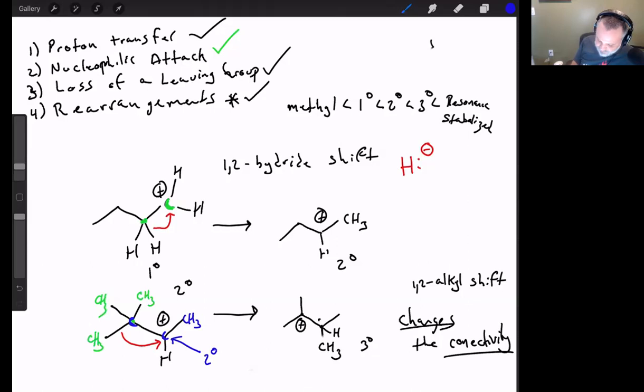After the methyl shift, this carbon became neutral, so it's no longer the spot where the carbocation is. This is the spot where the carbocation is. It's attached to a CH3 group, a CH3 group, and now this carbon over here. So it went from being secondary to tertiary because it's connected to 3 different carbons. Is that good?